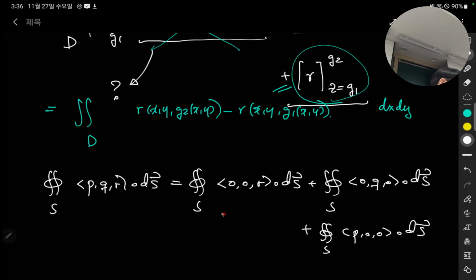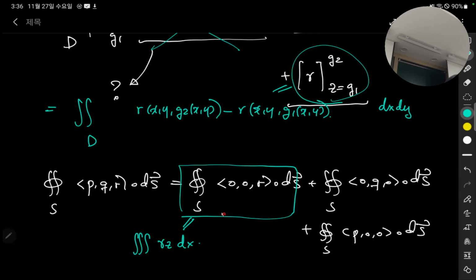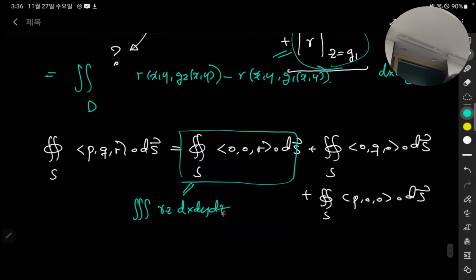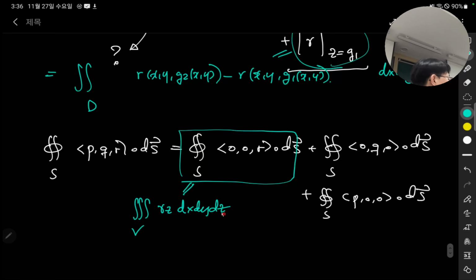What we have shown here is that the first part of integration is the same as the triple integration of RZ dx dy dz over the volume. This is done by projecting your volume onto the plane, and your volume can be surrounded by the graphs of two functions, G1 and G2.